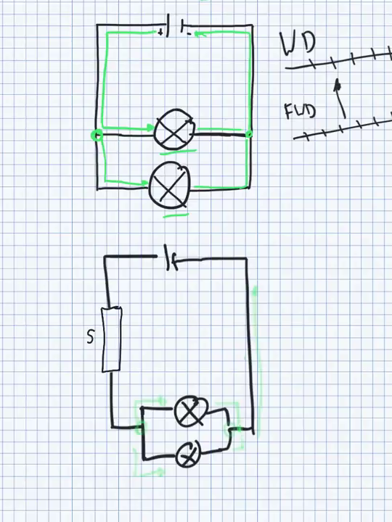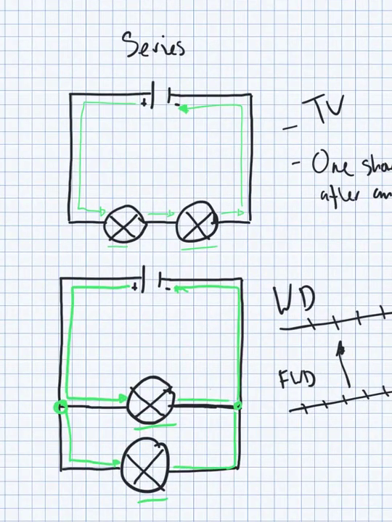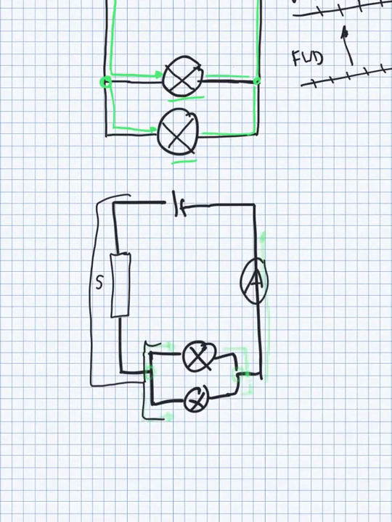Here it's in series as the current comes round, and at the point where it branches off it becomes parallel. Or you might have an ammeter somewhere in the circuit, which would be back in series. So circuits are either series or parallel, or at times a combination of both.